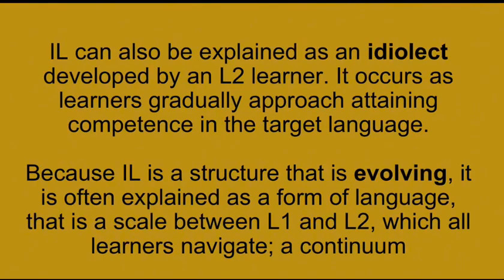Because interlanguage is a structure that is evolving, it is often explained as a form of language that is a skill between L1 and L2, which all learners navigate. So if you're learning a second language, definitely you're going to pass through this journey, which all learners navigate. And we say that it is a continuum.